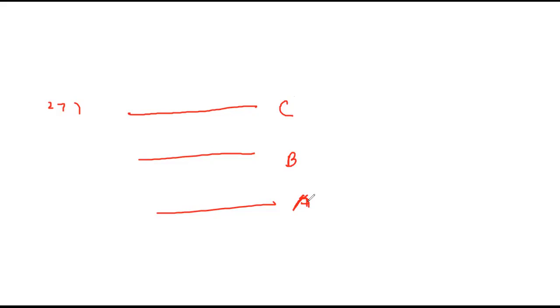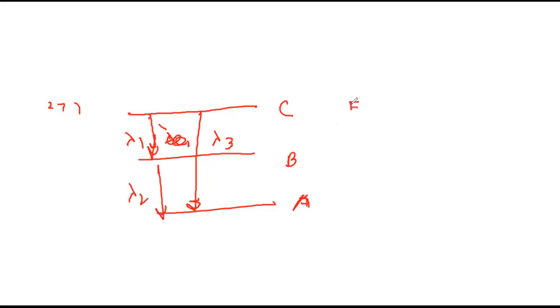If lambda 1, lambda 2, lambda 3 are wavelengths of corresponding radiation, so C to B is lambda 1, B to A is lambda 2, and C to A is lambda 3. Then what is the correct relation?